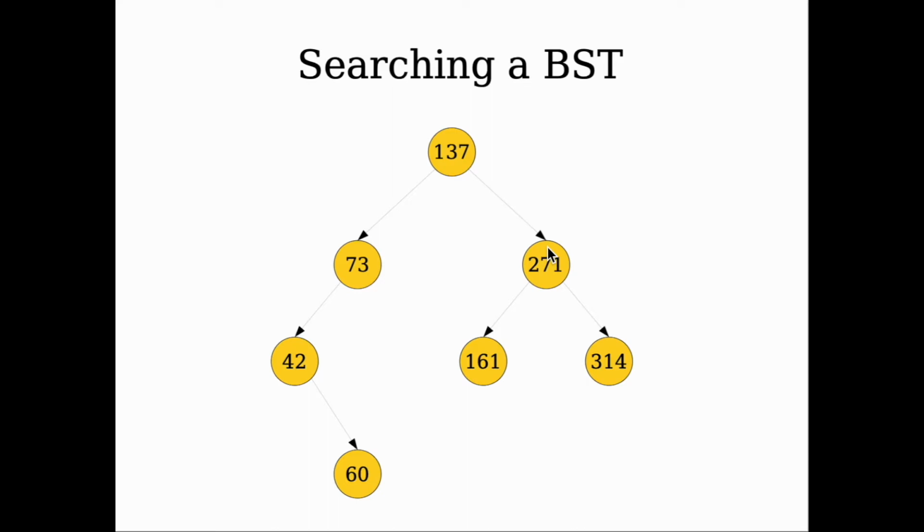Since 320 is greater than 271, we look at the right subtree ulit. Since 320 is greater than 314 at wala nang nag-e-exist na right subtree sa 314, then we can say that 320 is not in the tree. So, yung number of comparison natin is less compared to checking all the elements in this array, or if it's in the array representation kasi we'll need to check all elements. But with the binary search tree representation, kaunti na lang yung number ng comparison that we need to do.